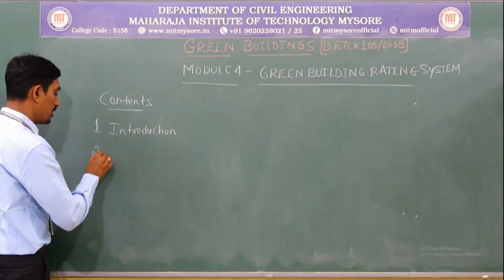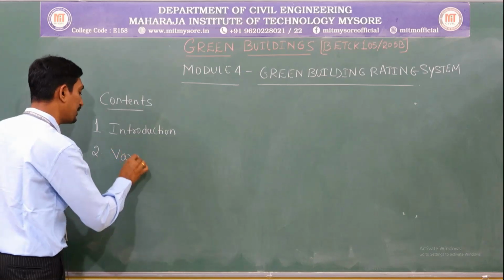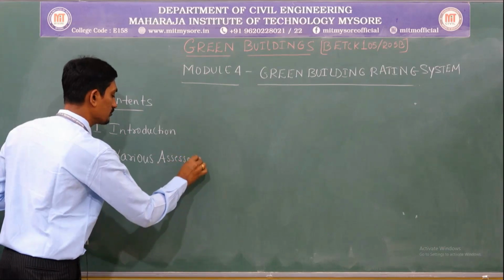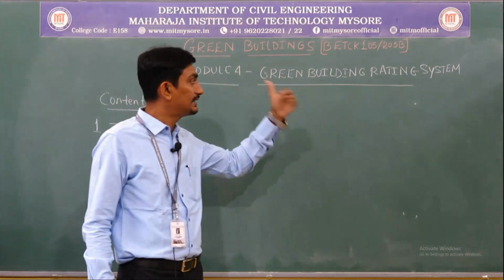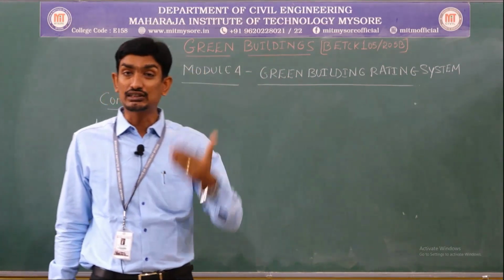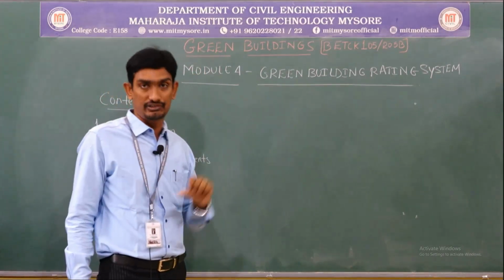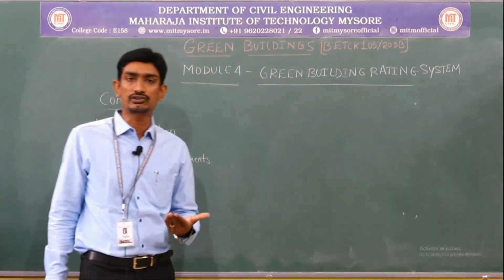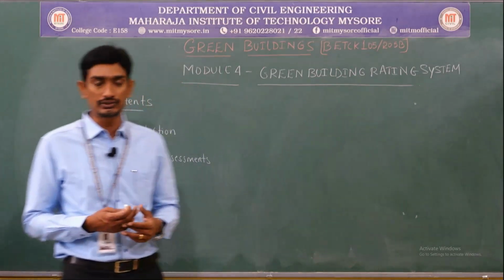Next, I am going to discuss the various assessments, that means what are all the rating systems or assessment systems there to assess the green buildings. So that I am going to discuss with respect to the Indian context and also with respect to the global context. So both I am going to discuss.